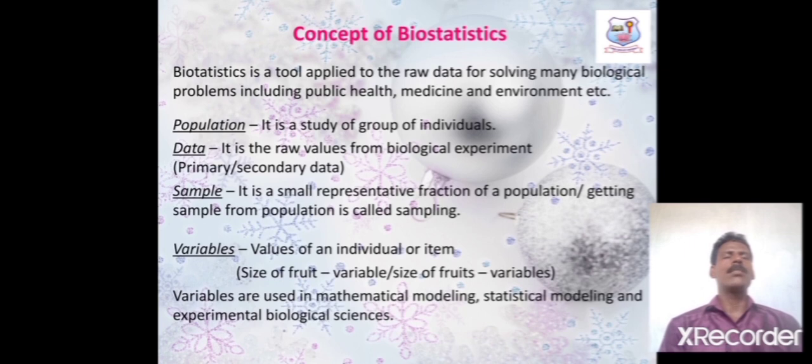So population means the study of the group of individuals from the entire population. Then data. Data is the value which is collected as a group from the population. It may be collected from a biological experiment. Then we can categorize it as primary and secondary data based on our interest.